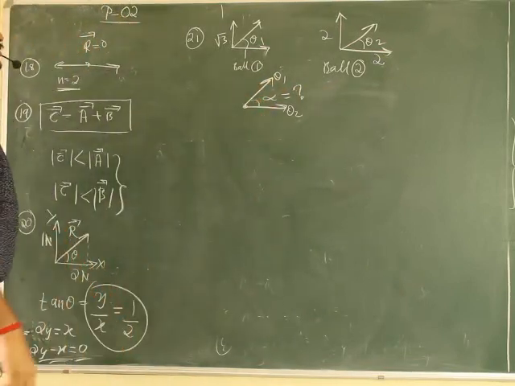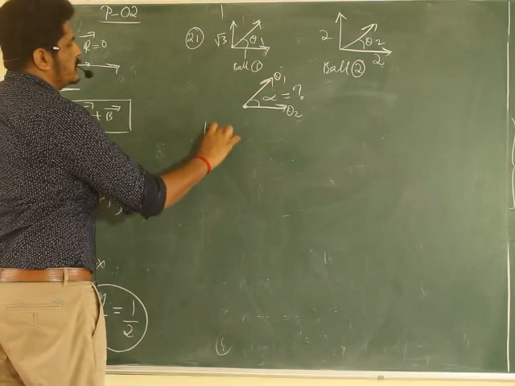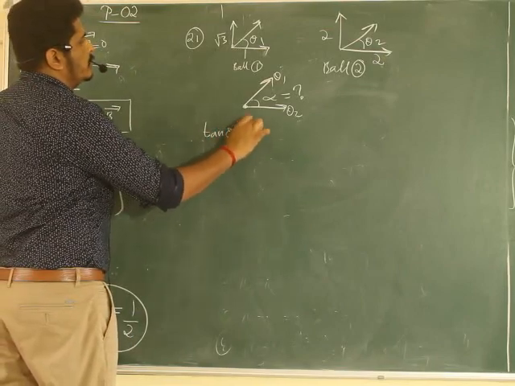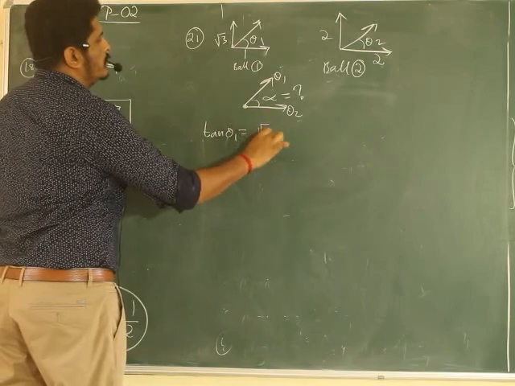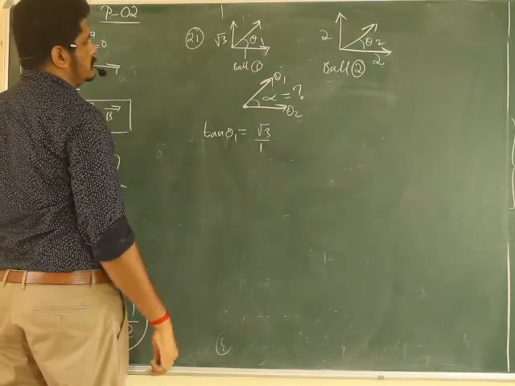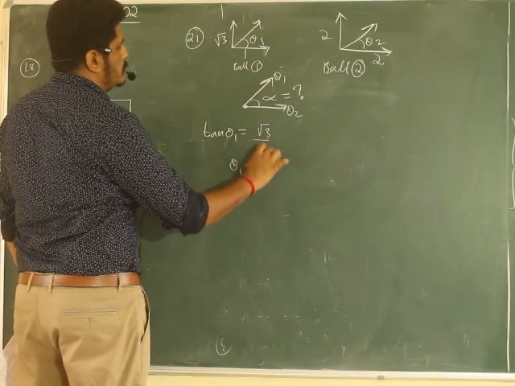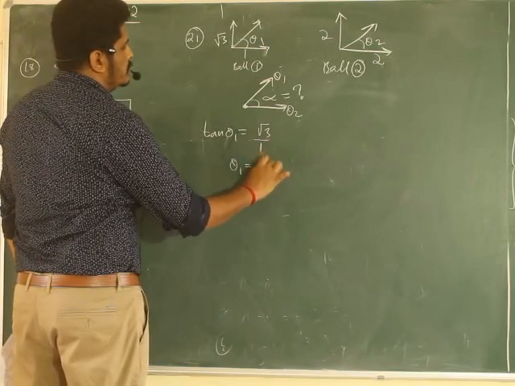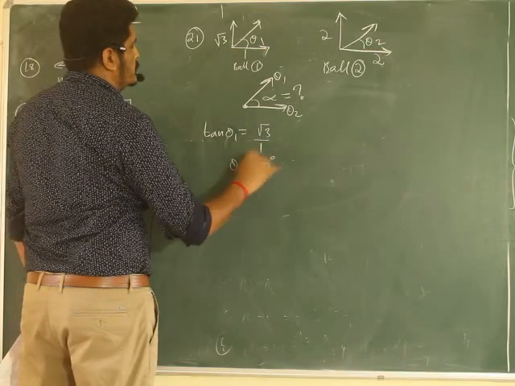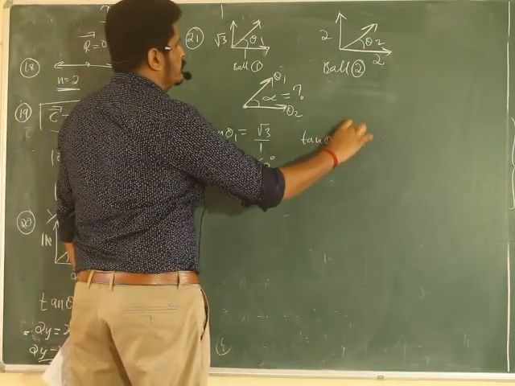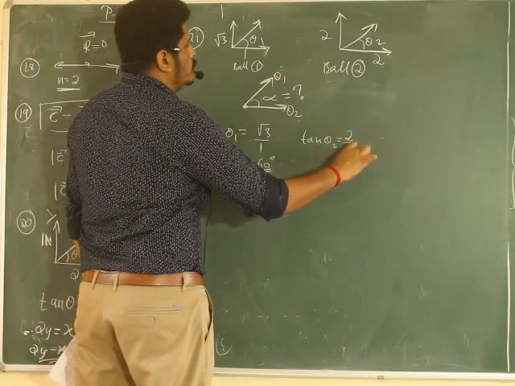So first let us find out what is theta 1. Tan theta 1 is equal to how much? √3 by 1. So theta 1 equal to tan inverse of √3, which means 60 degree. What about theta 2? Tan theta 2 equal to 2 by 2 equal to 1.